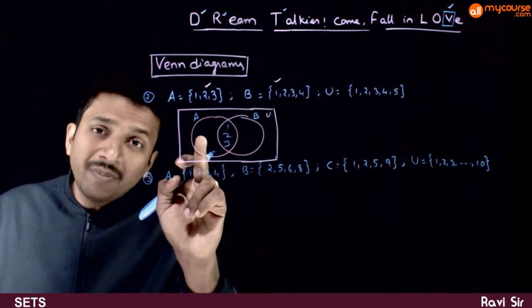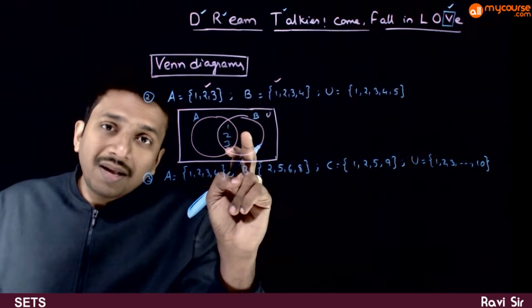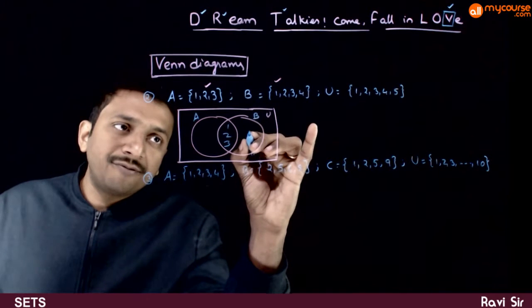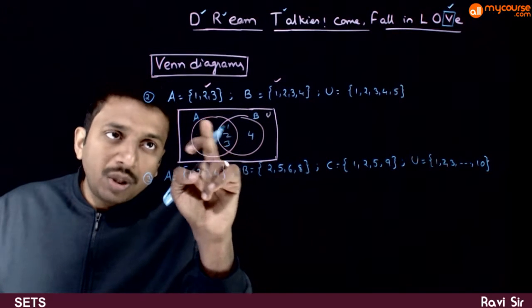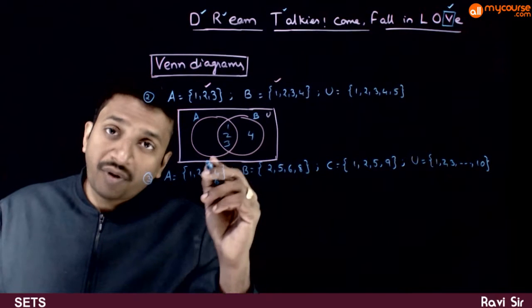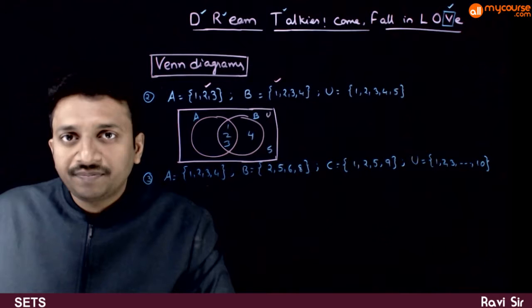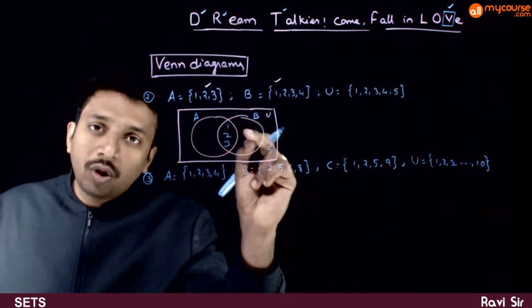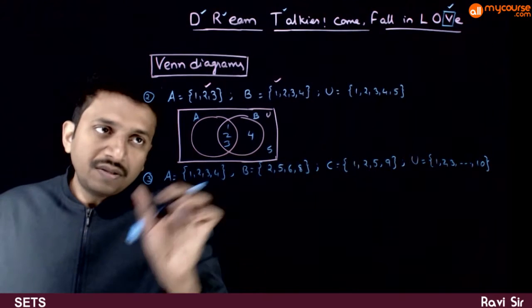And there are no elements in A which are not present in B. And what comes in this region? We have 4 here. 1, 2, 3, 4 are present in B. 1, 2, 3 are present in A. And the universal set is 1, 2, 3, 4, 5. That means 5 is present outside the circles. So we have a total of 1, 2, 3, 4, 5 elements in the universal set. So this is one way to represent it.